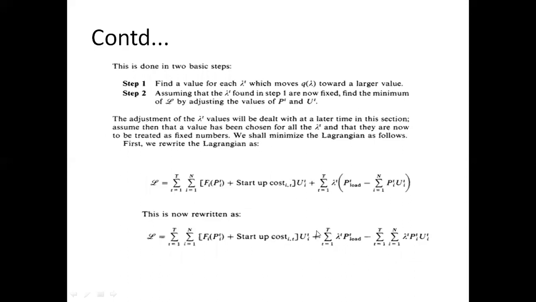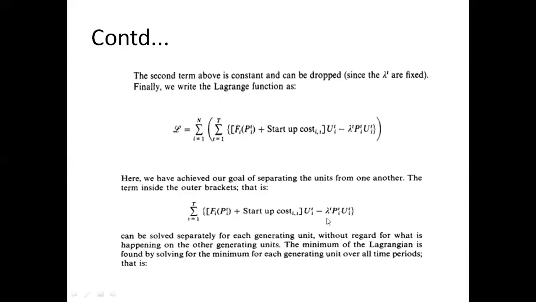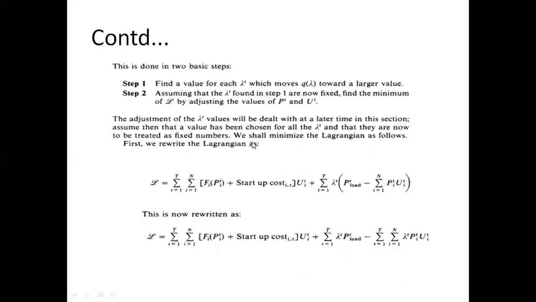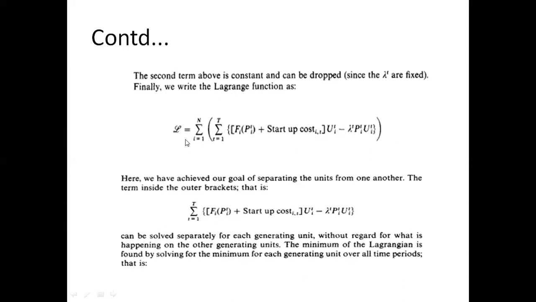So finally we can rewrite the Lagrangian function as the summation over i equal to 1 to N, summation over t equal to 1 to T, of F_i(p_it) plus the startup cost S_it multiplied by u_it, minus lambda_t p_it u_it. So here we can achieve our goal of separating the units from one another.